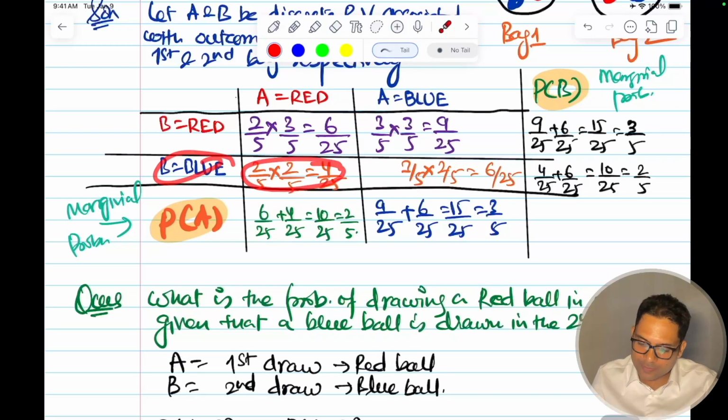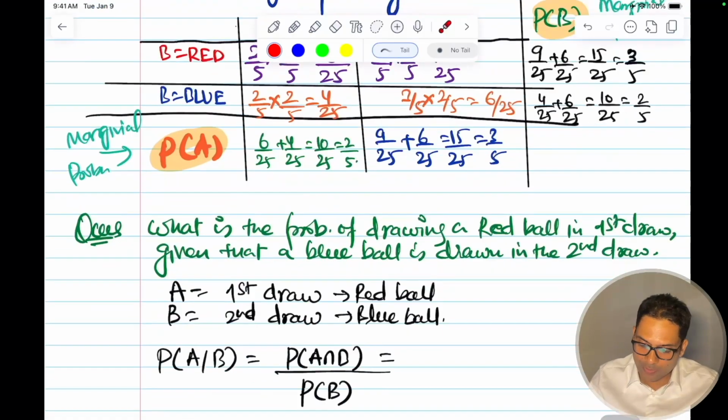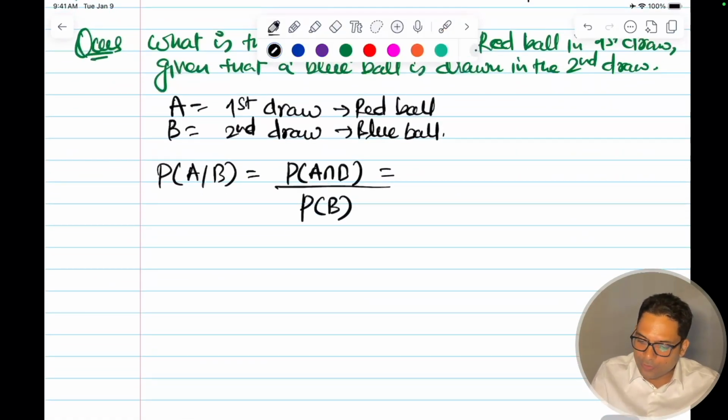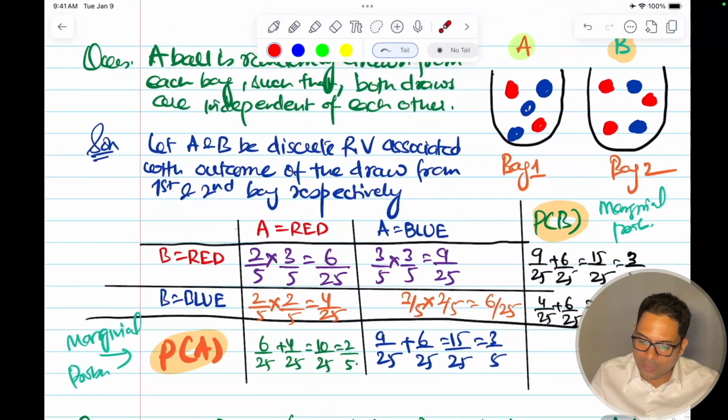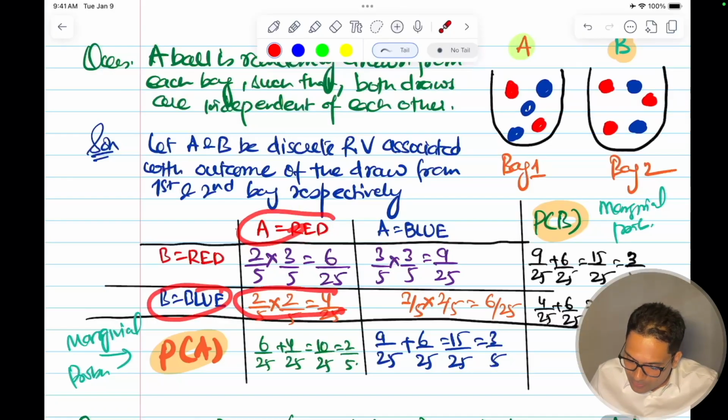This cell will give me this value here. This is 4 by 25. So this is my joint distribution, joint probability. This is equal to 4 by 25. That is a red ball in the first draw and a blue ball in the second draw.